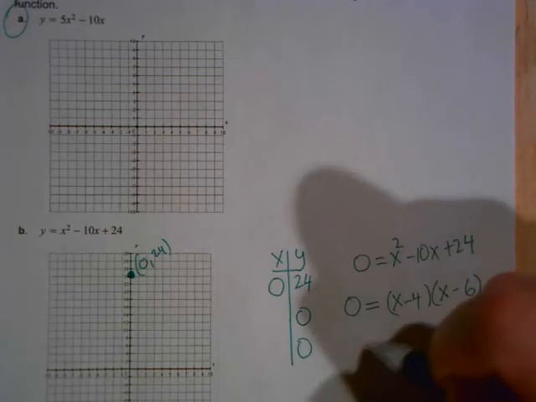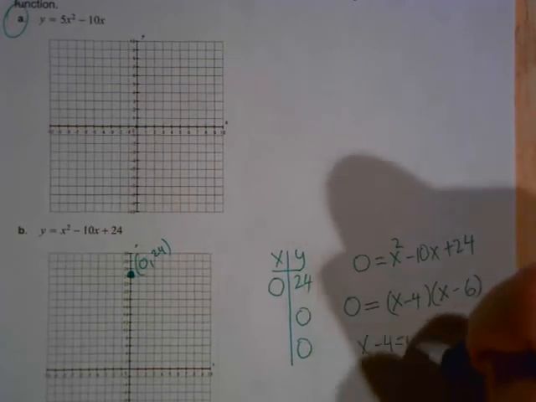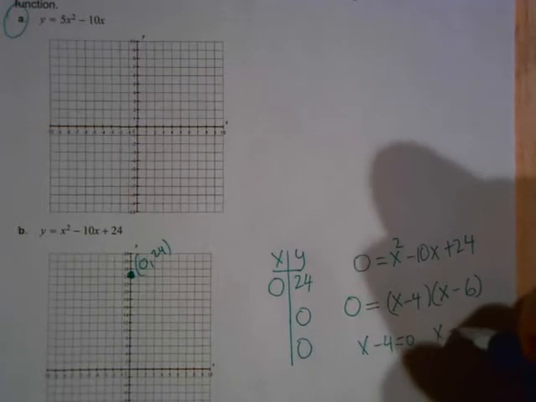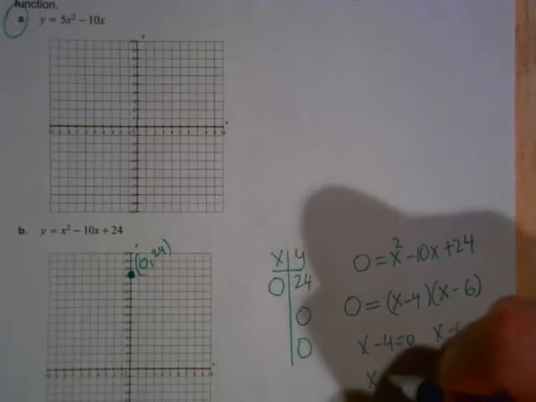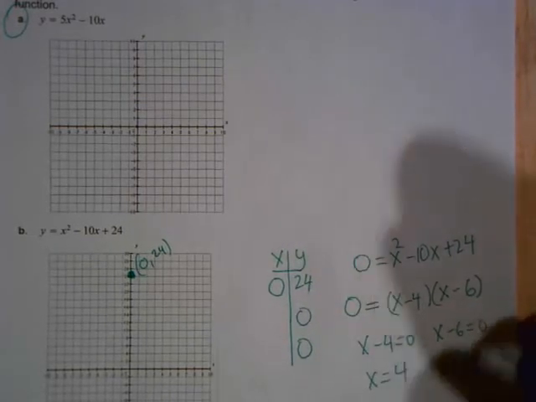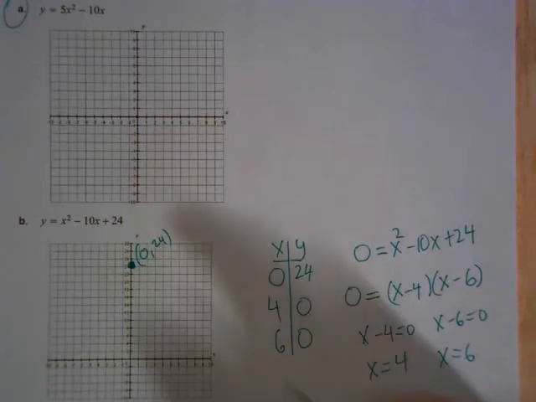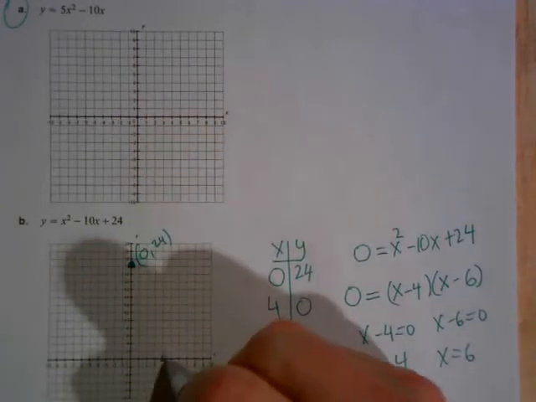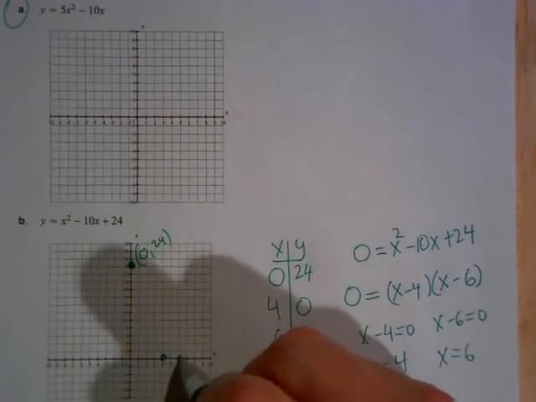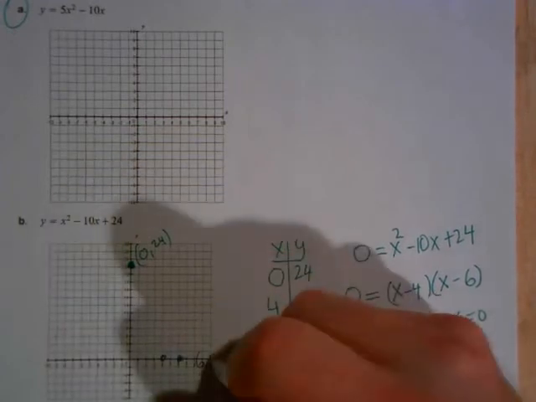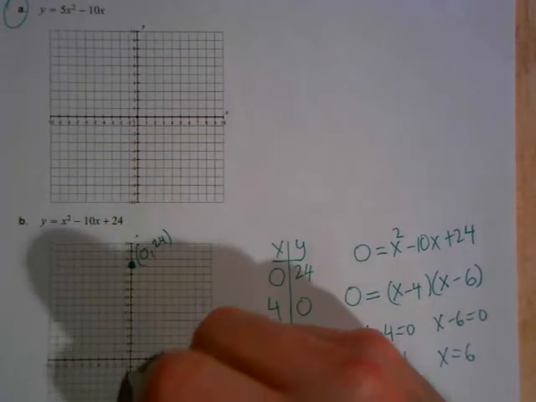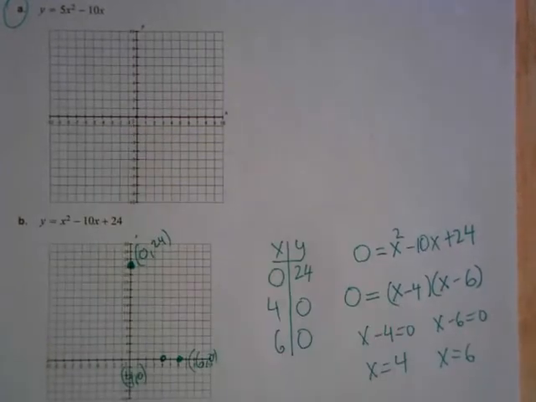So x minus 4 equals 0, x minus 6 equals 0. I get two answers. X is 4, x is 6. I plot those 2 points: 6, comma 0, and 4, comma 0. I don't really need to label them since I have scaling on my axes, but I like to.